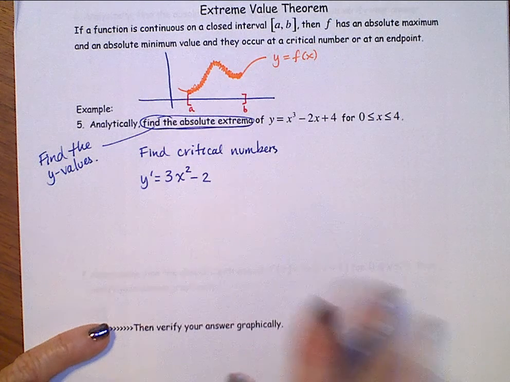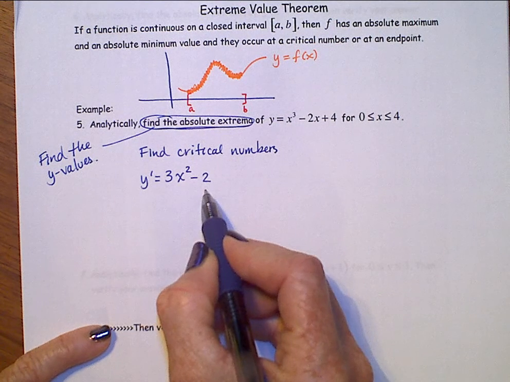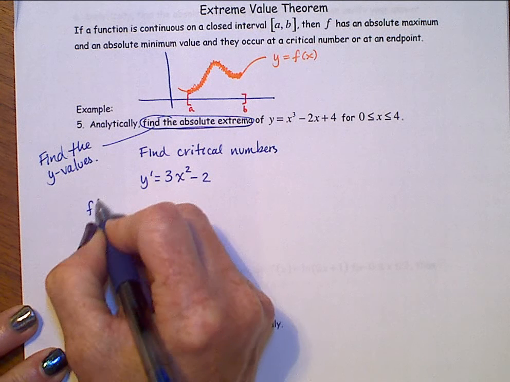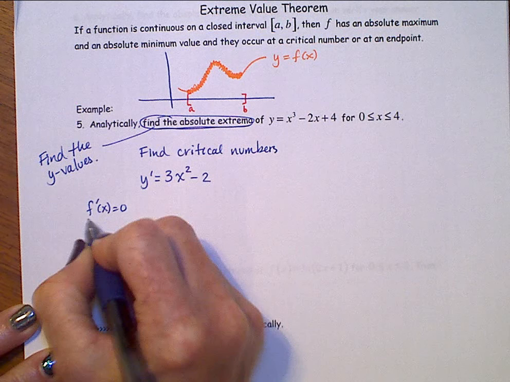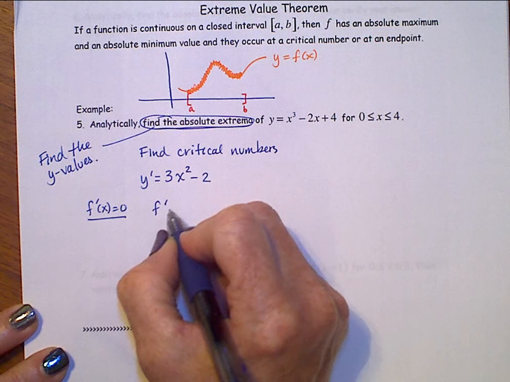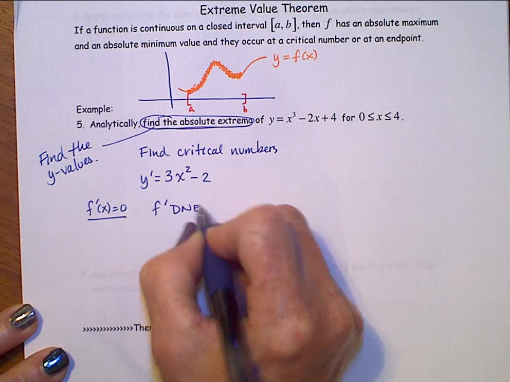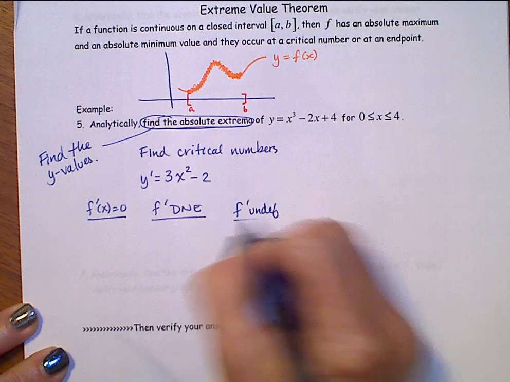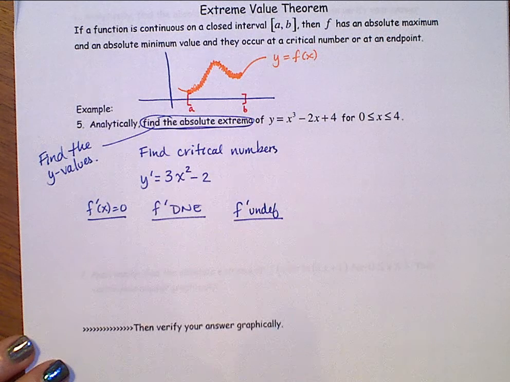All right, if that factored, we would factor it. It does not factor, so we're going to jump right into looking for where f prime is equal to 0, where f prime does not exist, and where f prime is undefined. F prime, y prime, same thing.